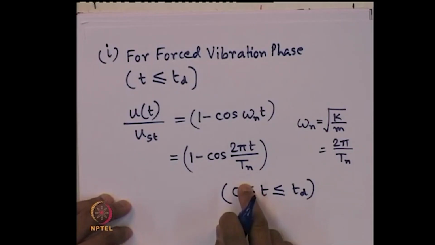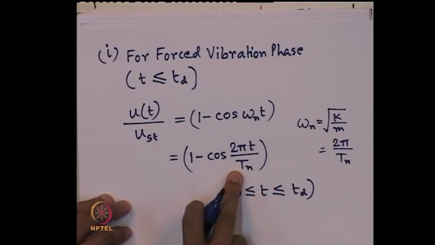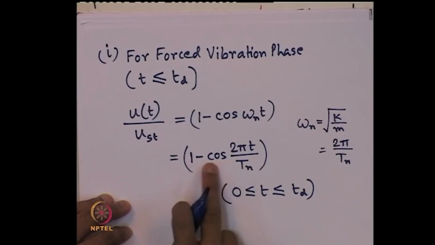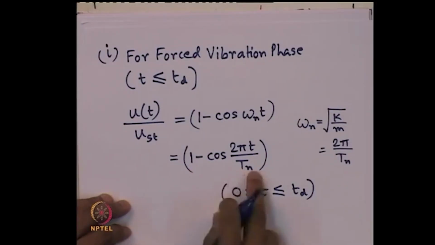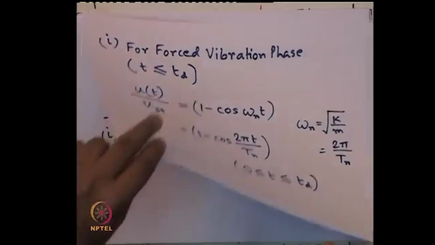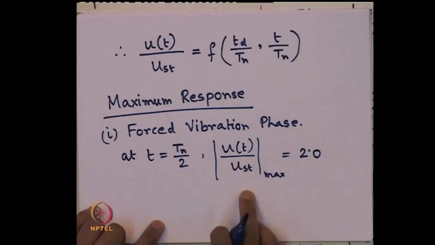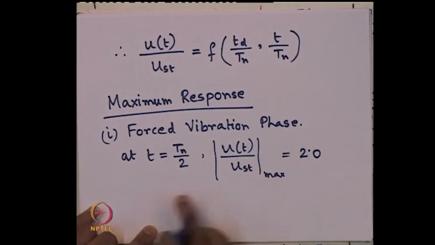If you put that value, it becomes minus cos pi, so plus 1, so 1 plus 1, 2, that is the possible maximum value of this solution. So, that is why I said it gives us the maximum value of ut by ust max as 2 at this point.